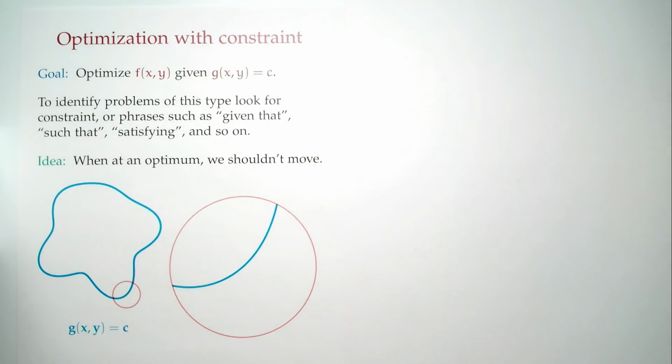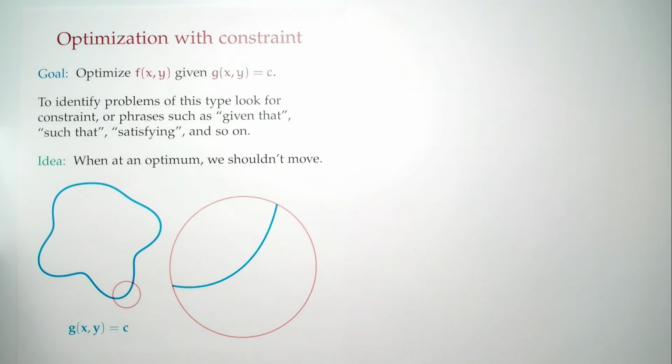All right, so we have these problems, and these problems are pretty easy to identify. You have a function you're trying to optimize, and there's a constraint. So you look for a function which is a constraint, or you look for things that say "given that" or "satisfying," things like that. Now, what's our approach? Well, the philosophy is pretty easy.